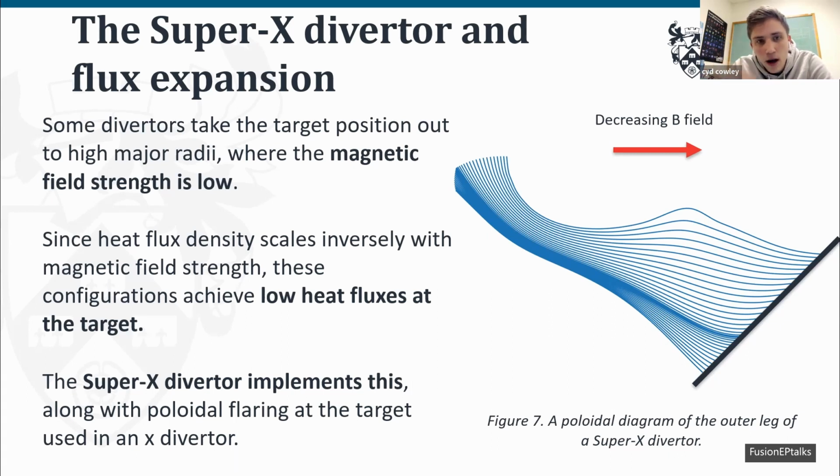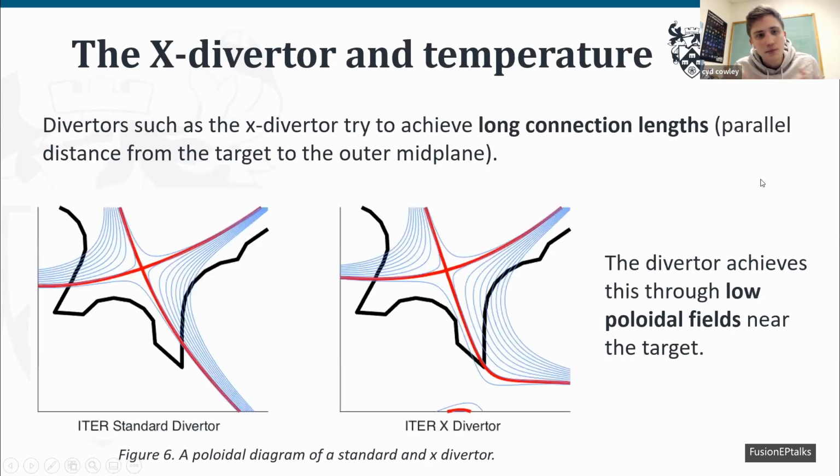When it comes to something like the X-divertor, though, for example, this is something that's quite easy to achieve. Even if you've already built a machine around a conventional divertor, you can still play with your poloidal field coils around your divertor to try and achieve maybe more or less poloidal flaring near the target. So configurations like these are easier to achieve.